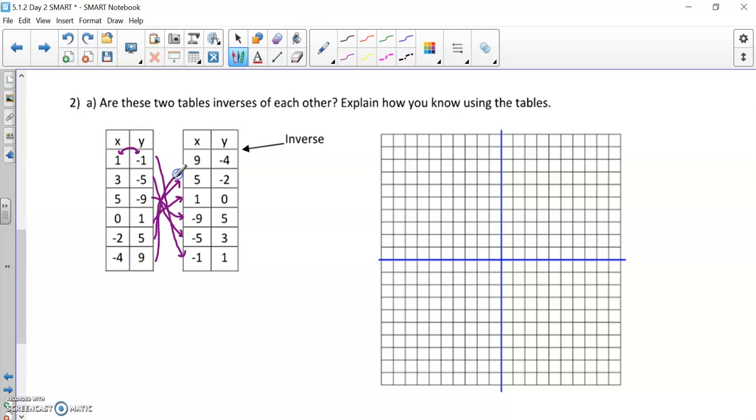I know this looks a little obnoxious, but you watched me make these lines, so maybe it's not so bad. Okay, that was bad. So we managed to find a swapped version of each point of this table in this table, so they are inverses.